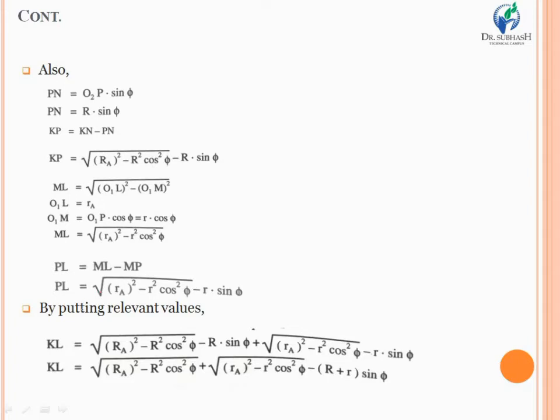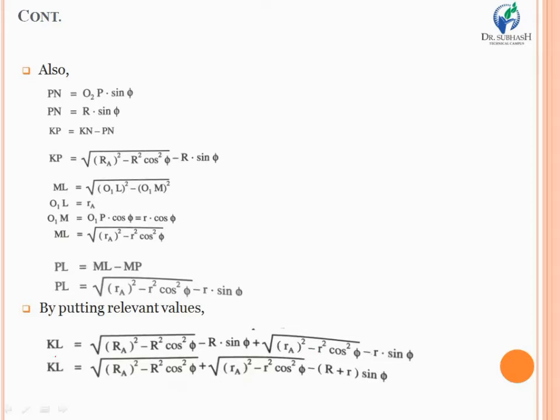So ultimately, by putting all that value in the relation of the length of path of contact, that is equal to KL, which is equal to KP plus PL. Solving the entire relation, you will have first KL equal to under root RA square minus R square cos square phi, minus R sin phi, plus under root r square minus R square cos square phi, minus R sin phi.